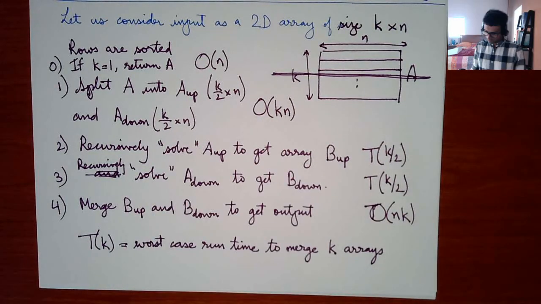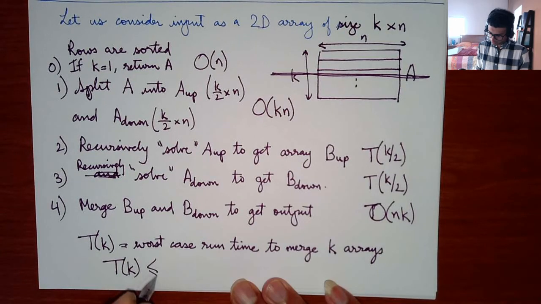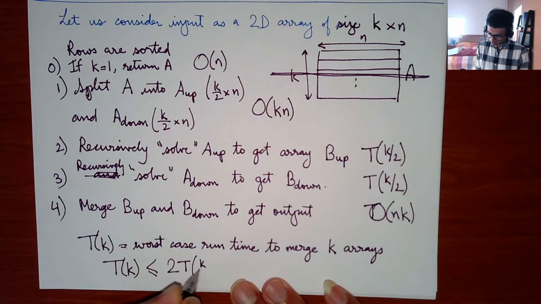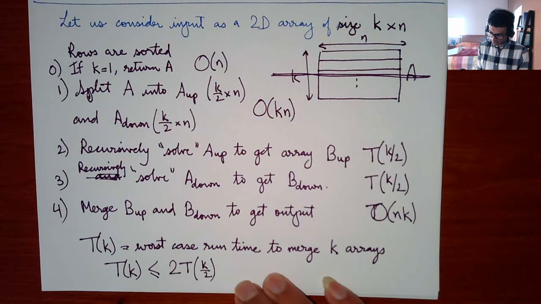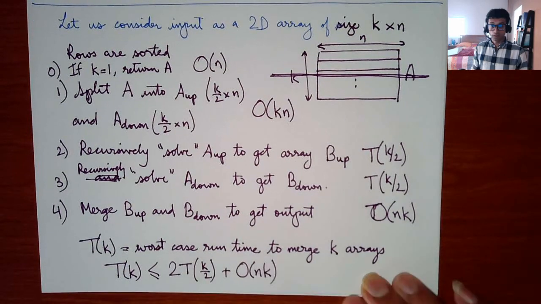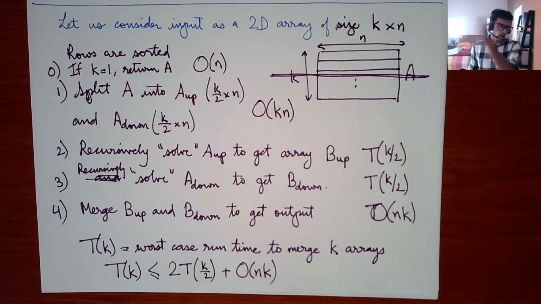So the recurrence that you get is t of k is at most 2 times t of k over 2 plus O of nk. n actually doesn't matter here. It's a constant with respect to the recurrence, so it kind of goes out of the recurrence. But this is exactly like the merge sort recurrence.